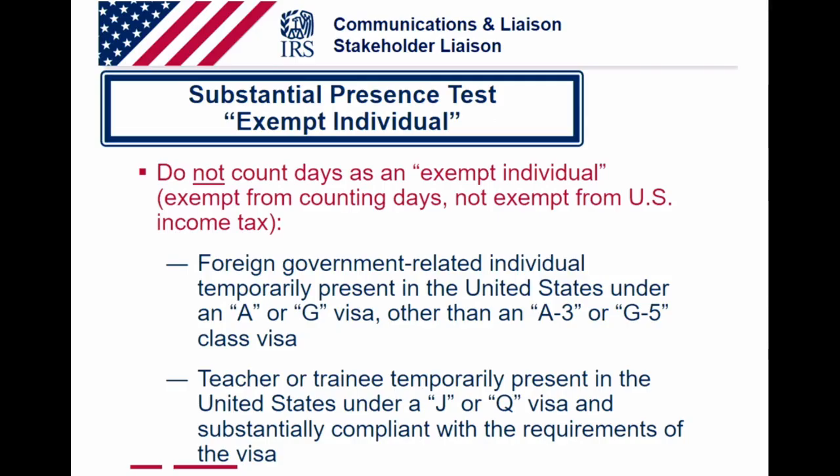So who is a foreign government-related individual? They are exempt from counting days of presence for purposes of the substantial presence test. And these are individuals on an A or G visa or a member of the individual's immediate family who is temporarily present in the United States.